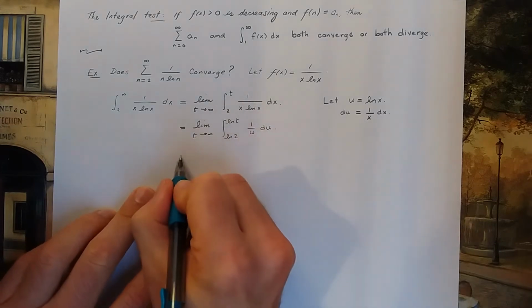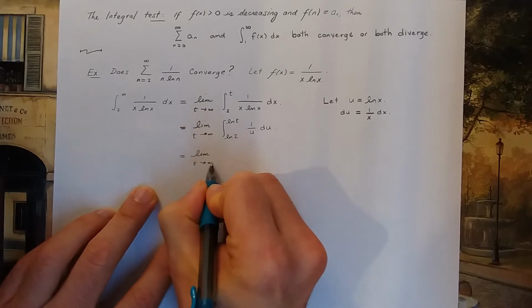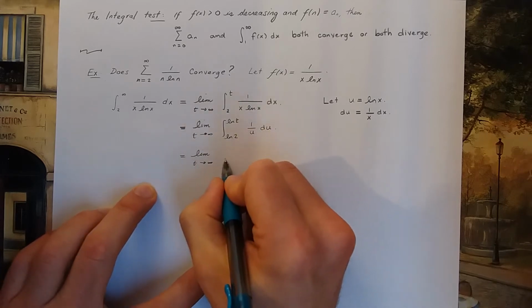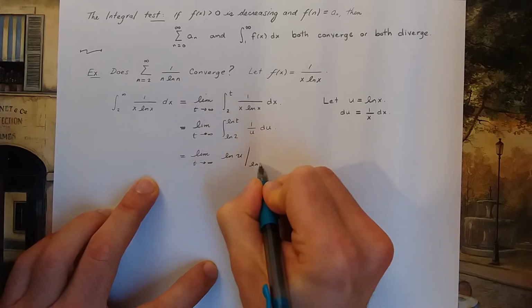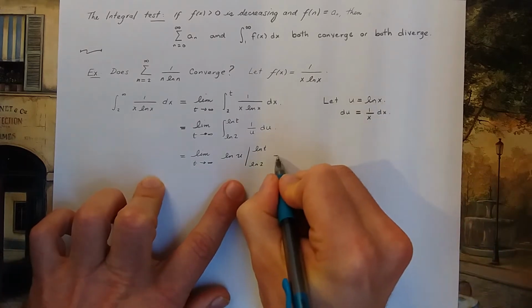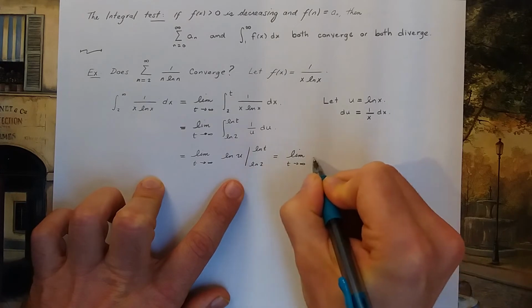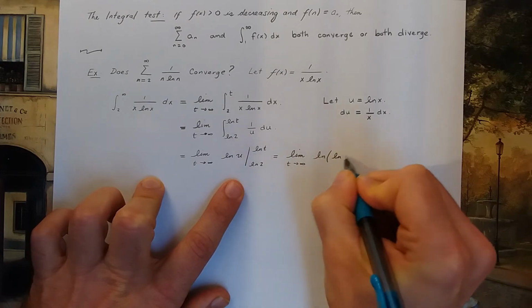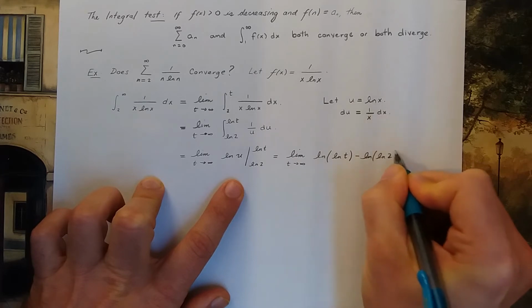Now I can integrate. So this would be the limit as t goes to infinity of log u evaluated at log 2 and log t. So this is the limit as t goes to infinity of log of t minus log of 2.